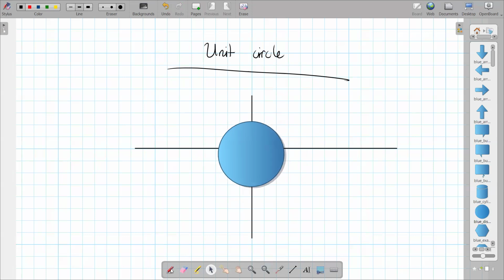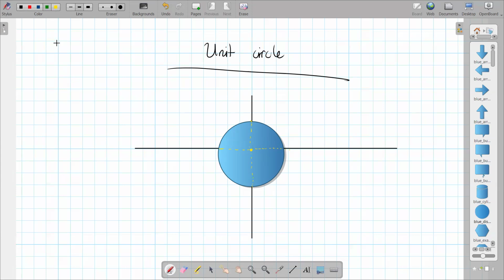Something like that. Can I write on this? Okay, I can't. So this unit circle, there's an origin point. That's the x-axis. What we're gonna do is we're gonna find the x and y values for the circle at various angles.